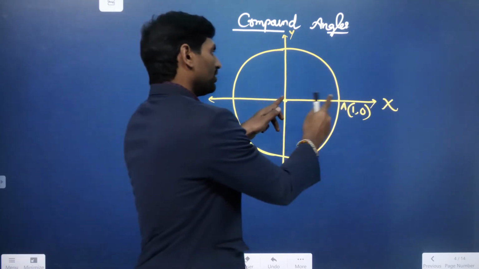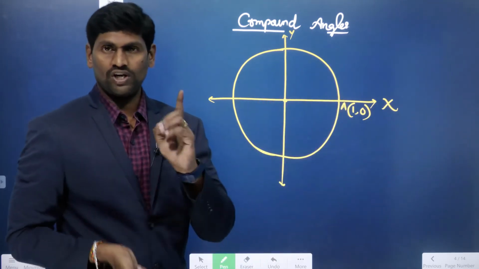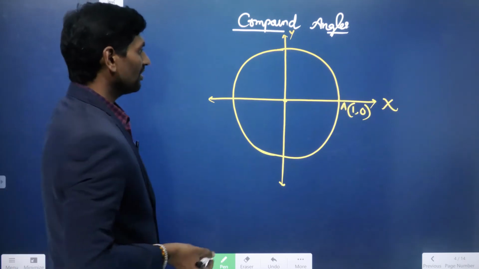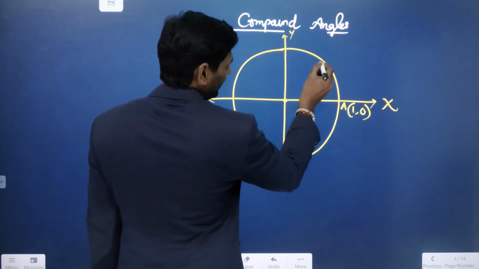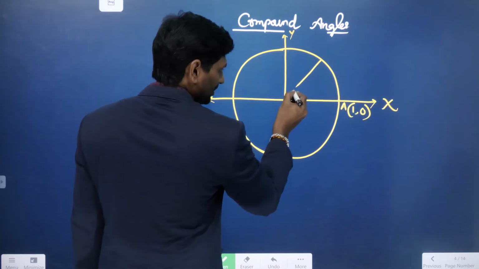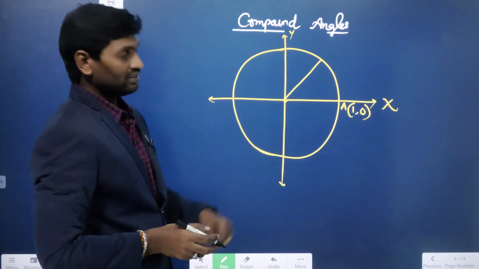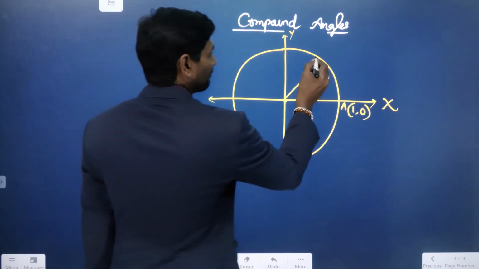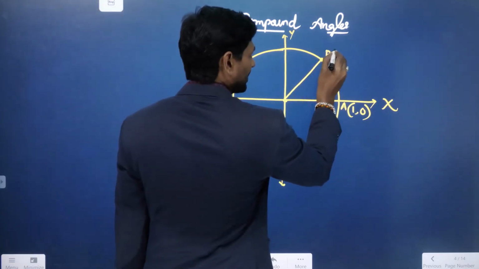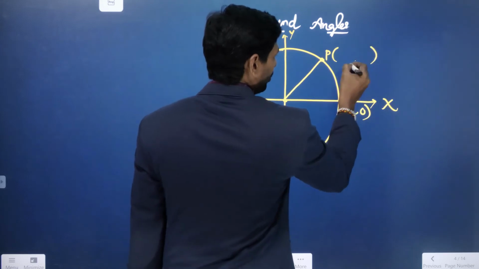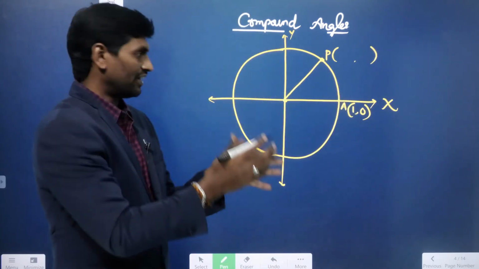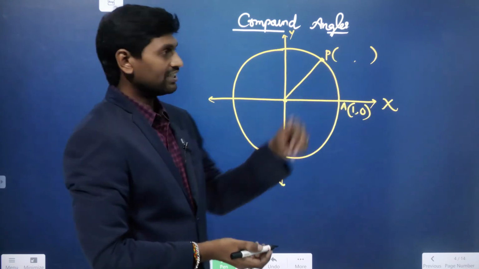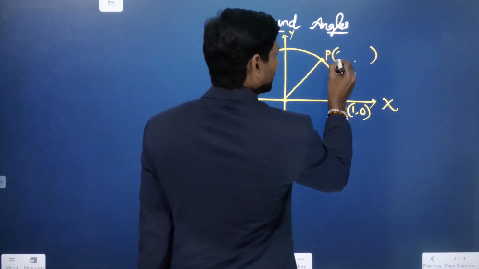Now if I take one more radius like this, its length is also 1 unit, right? The point I am considering as P. According to trigonometry the point is x comma y, but here I am taking the point as cos theta and sin theta.